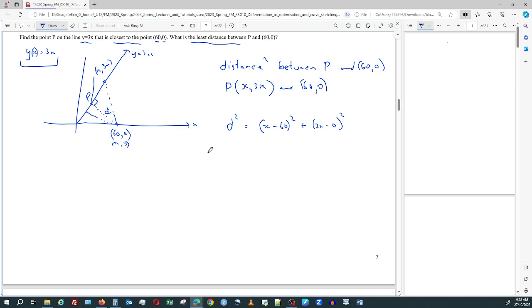Therefore, taking the square root of both sides, d will be equal to the square root of x minus 60. Now you use this distance formula quite a bit, don't you? It's a version of Pythagoras using points rather than just single numbers. But you can get used to that with a bit more use. Okay, so there is our distance.